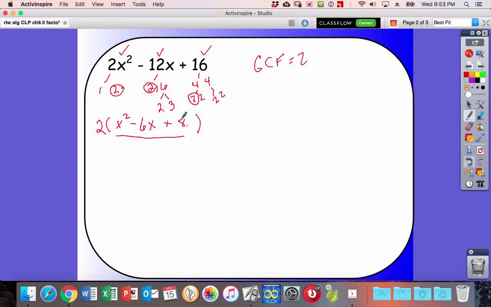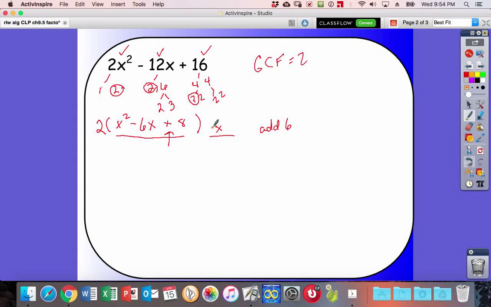When we factor, remember we look at this second sign here. The second sign tells me I want 2 numbers. I'm going to play the game where 2 numbers multiply to 8, and they have to add to 6.